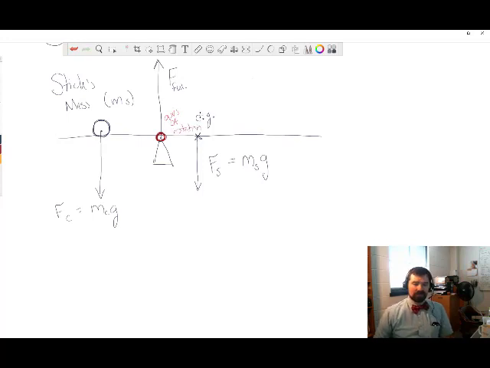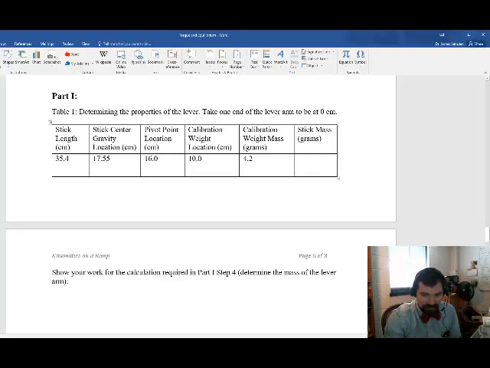All distances must be calculated with respect to this axis. Now, our data table tells us where we put the pivot point, which is where we've chosen the axis of rotation. This is the 16 centimeter mark. And then we have, in addition to these, the stick center of gravity location and the calibration weight location.